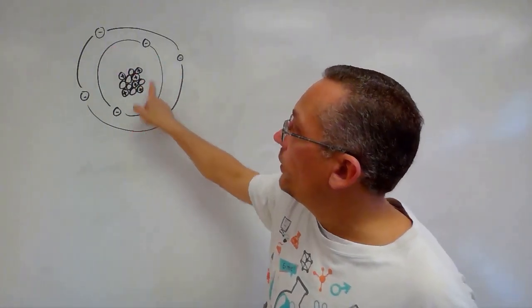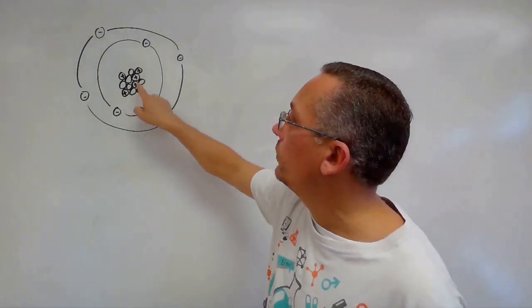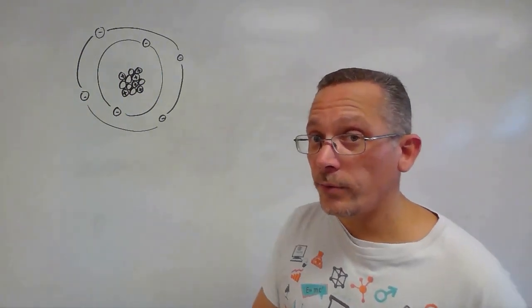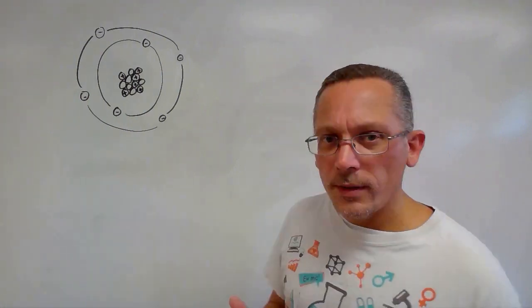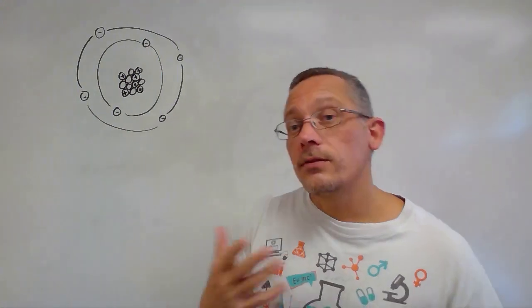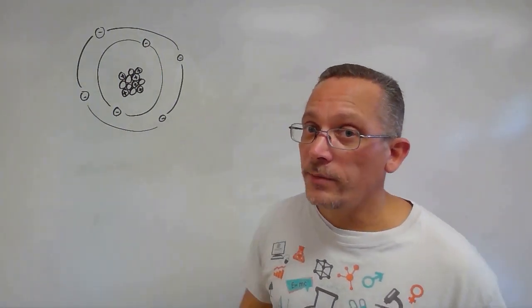If you look inside the nucleus here, let me count all the protons, the pluses. 1, 2, 3, 4, 5, 6 protons. Remember, I should have the same number of protons and electrons. Here I have 6 of each. What about the neutrons? Here I have 1, 2, 3, 4, 5, 6. So I also have 6 neutrons. Doesn't have to be the same number, just so happens to be the same.